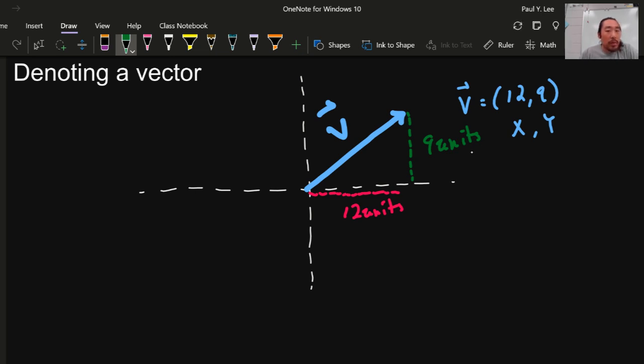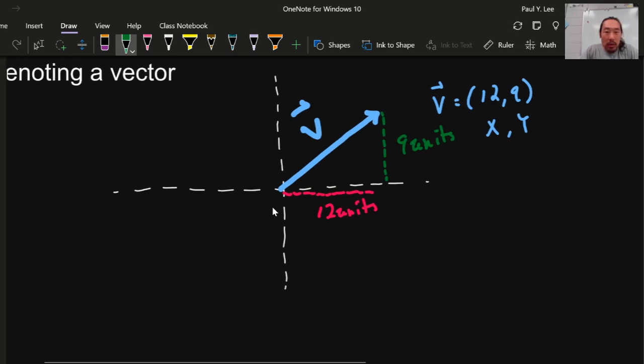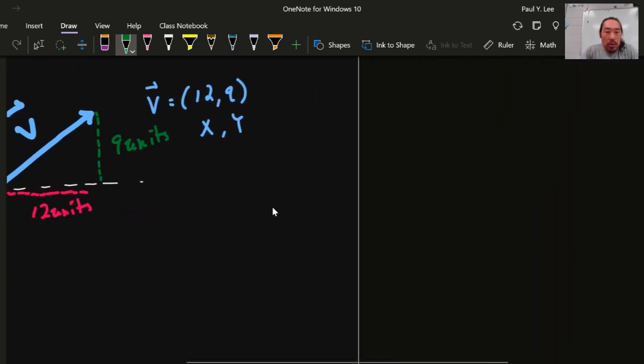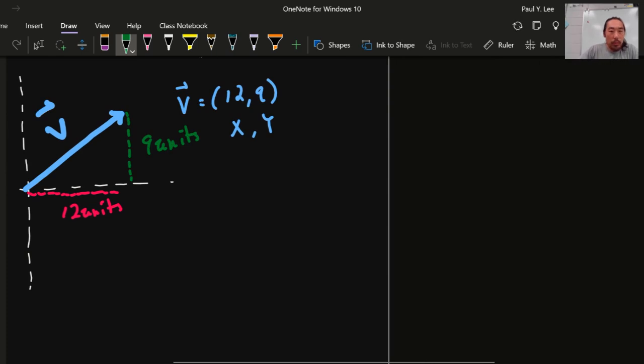Now, in order to determine the actual magnitude of the vector, we do have to use our calculators. So bring out your calculators, and let's talk about the triangle that we'll be using a lot in this course. This is the right triangle. All right, so if we have a right triangle of 12 and 9, and this right here is our hypotenuse, and this is our v.